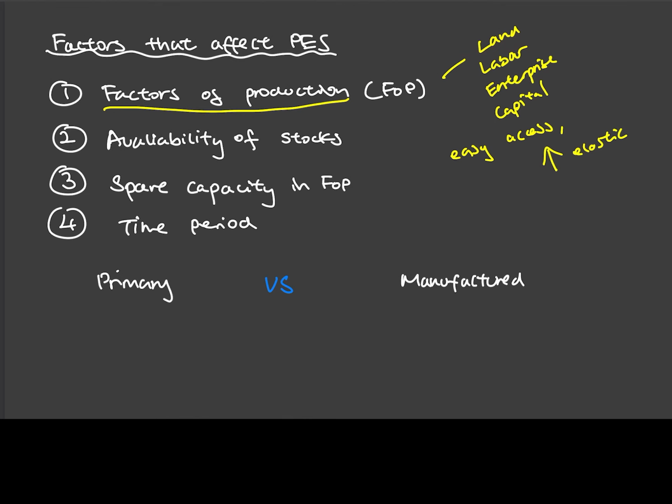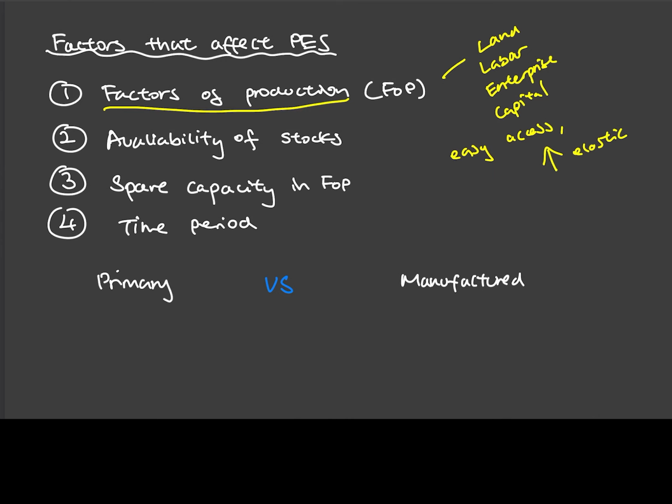And what it means is that diamonds are very price inelastic compared to the cell phone guy, who has probably tons of parts lying around that he can use, and also very easy access to labor, cheap labor, lots of capital, factories, and also a very smart management team, right? So that's factors of production.